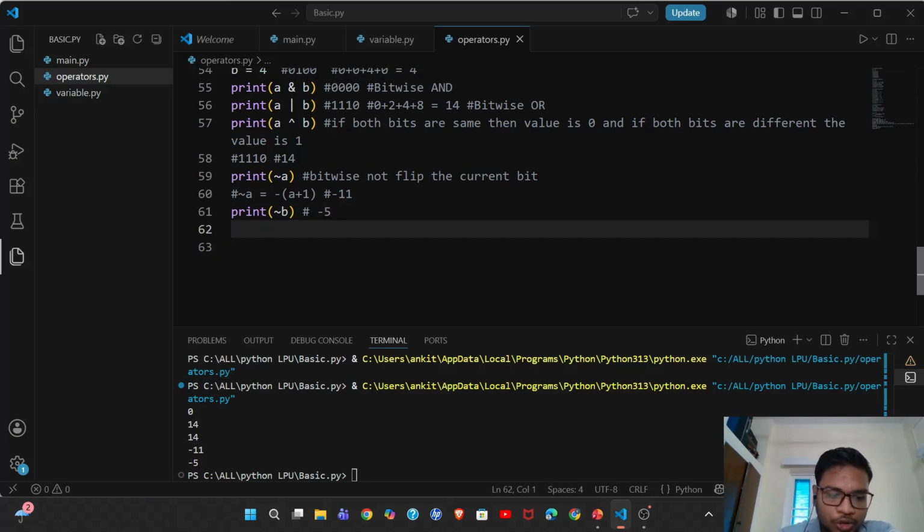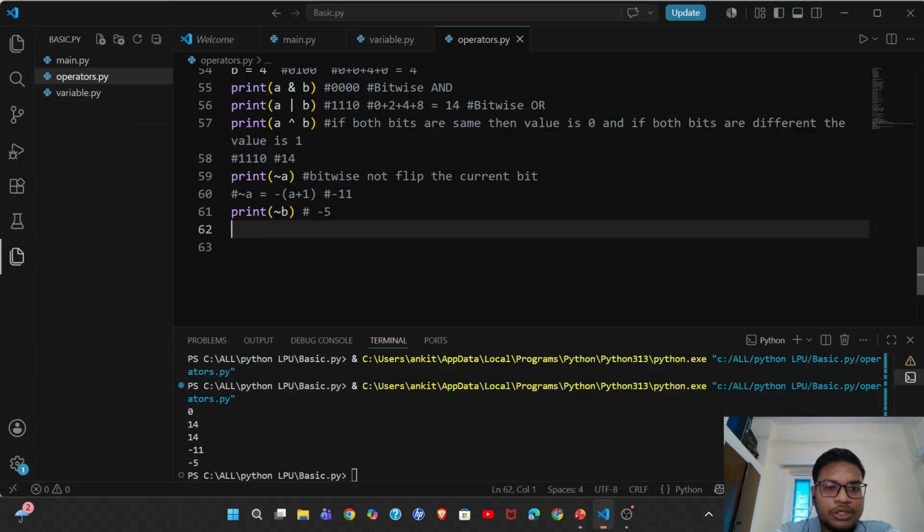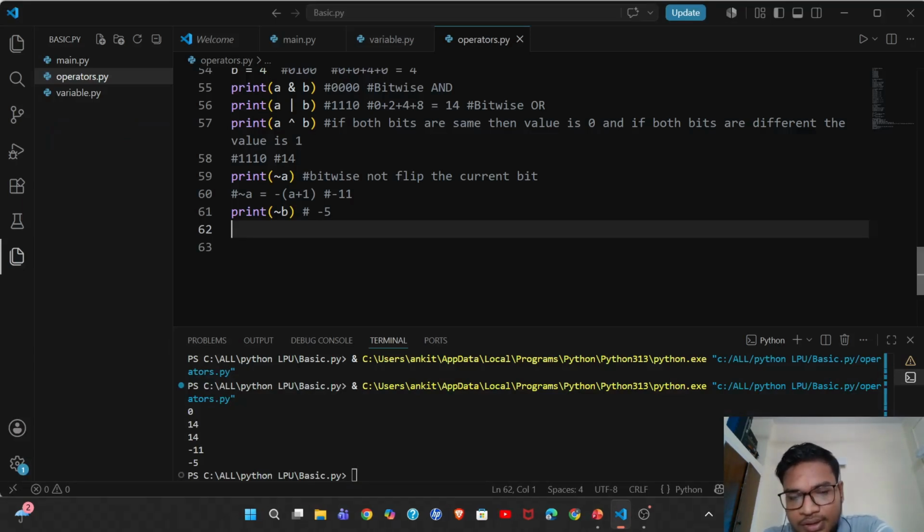So let's move forward to our next bitwise operators. These are two very important bitwise operators, that is left shift and right shift. What does it mean? Let's explain practically, and you will clearly understand after completing this.